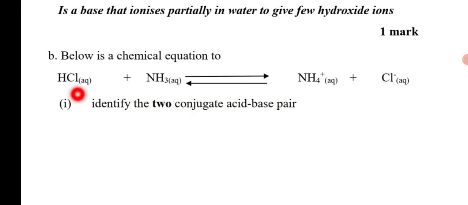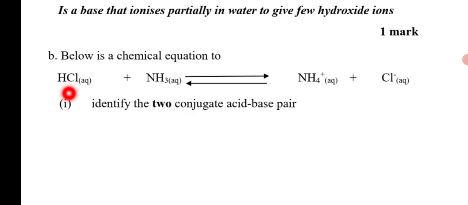So in this equation, you'll appreciate hydrochloric acid, HCl, and Cl. They only differ by hydrogen. There's 1 hydrogen here, while this one doesn't have a hydrogen. Therefore, this is 1 pair: hydrochloric acid and the chloride ion, a conjugate acid-base pair.